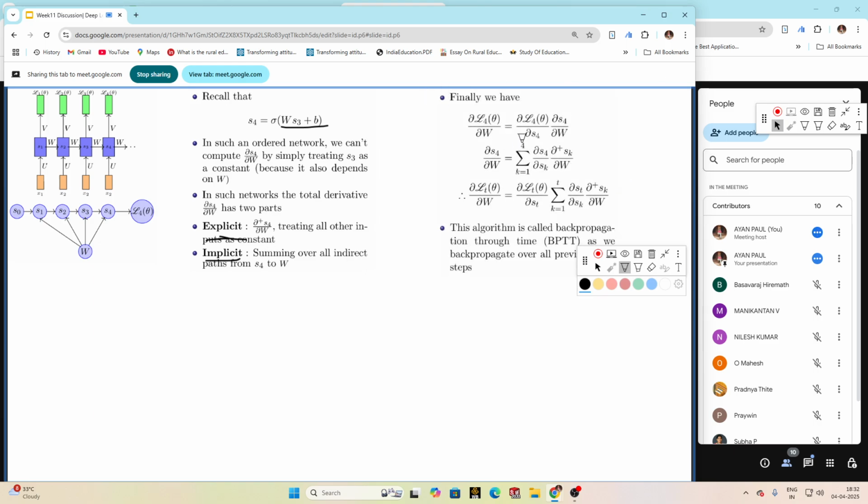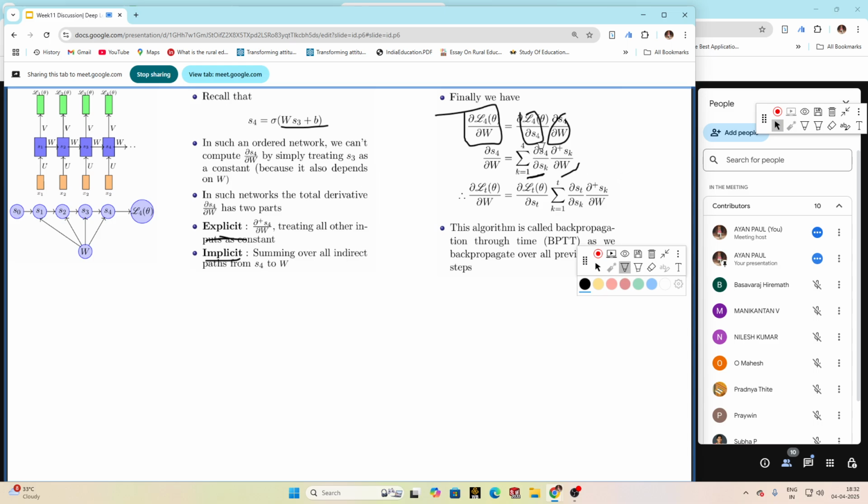For the sake of simplicity, we have to calculate dL4 by dW. dL4 by ds4 we can calculate directly, because nothing is coming in between. But to calculate ds4 by dW, we have to do the implicit as well as the explicit. This is the explicit, and the terms over here are the implicit.